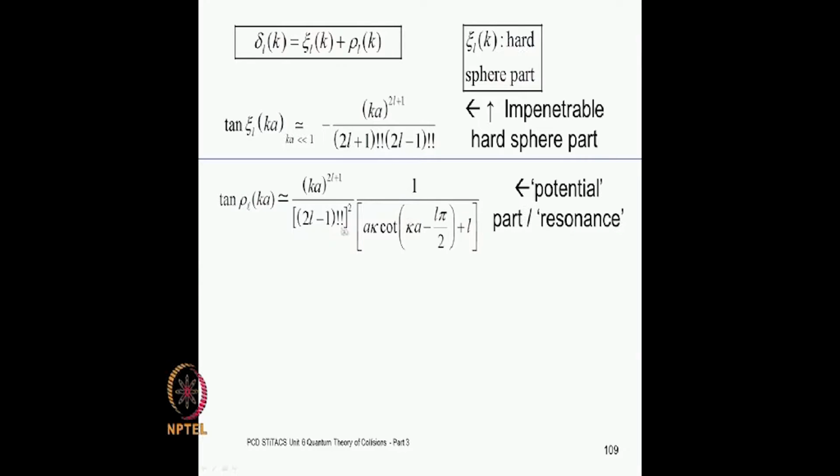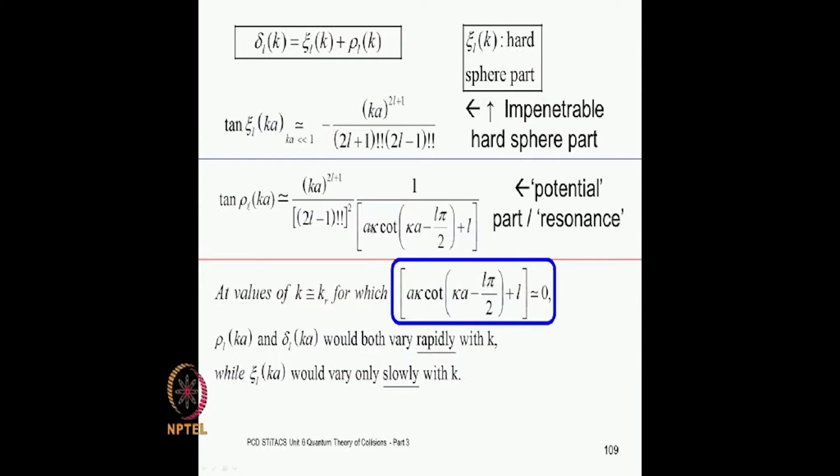So, we use this relation, and now we recognize that when you hit a resonance, this is the resonant condition, that this denominator goes to 0, and this will happen at certain specific energies and corresponding specific momentum, and this is represented by the resonance momentum being given by k nearly equal to k r.